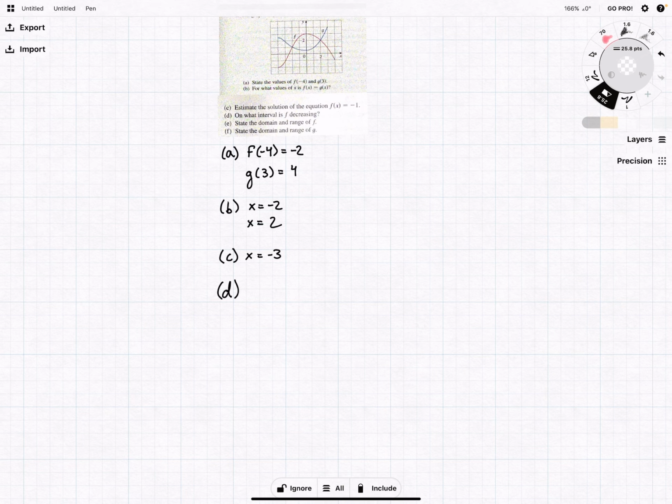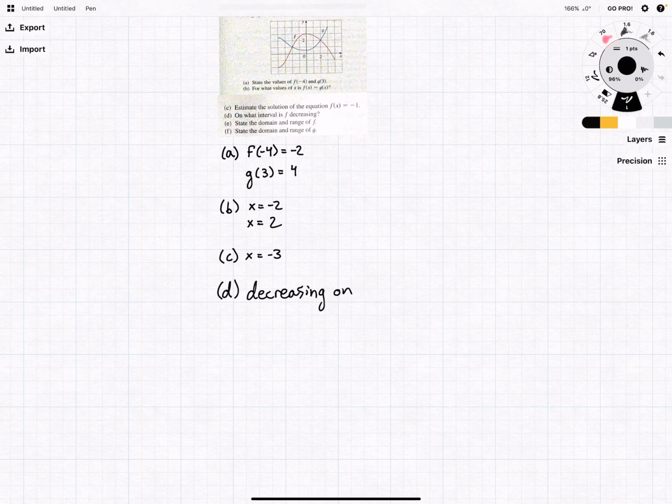We'll say decreasing on x values 0, 4. Means from 0 to 4. Great, okay.